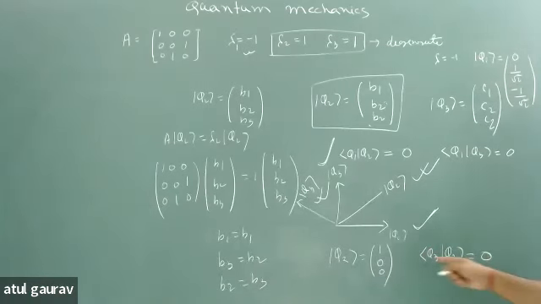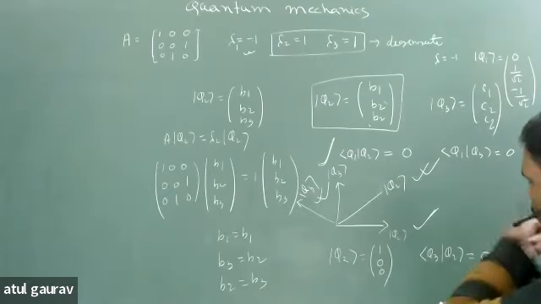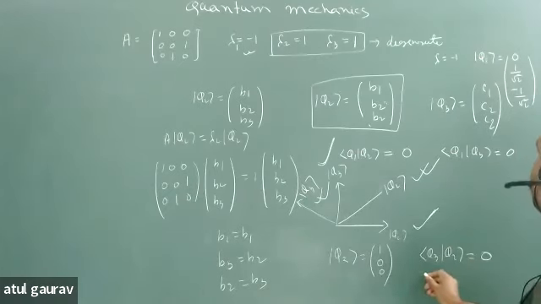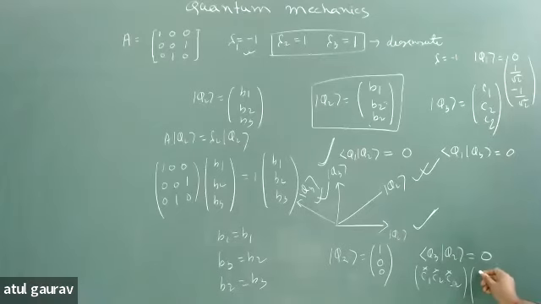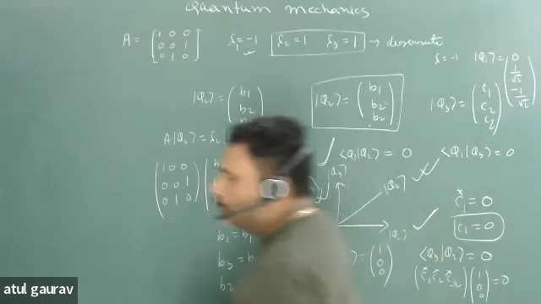From here you have to solve one equation, this equation is equal to C1, C2, C2. You can take C2 star also. And here phi 2 is equal to what? 1 0 0. That must be equal to 0. So from here, C1 star must be equal to 0. So C1 must be equal to 0.